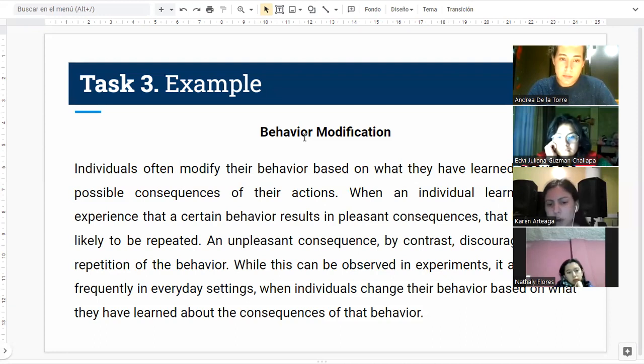An unpleasant consequence, by contrast, discourages further repetition of the behavior. While this can be observed in experiments, it also occurs frequently in everyday settings, when individuals change their behavior based on what they have learned about the consequences of that behavior. Okay, thank you so much, Karen.